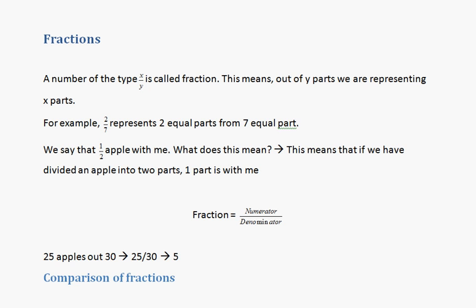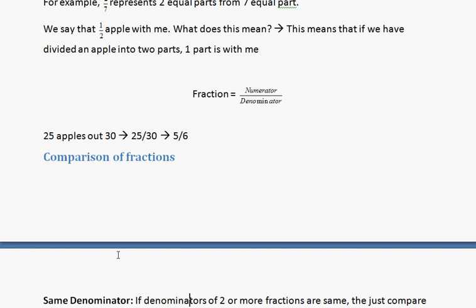So this means 5 out of 6. So out of every 6 apples, I have 5 apples with me, right? So if we make bunches of 6 apples, out of each bunch of 6 apples, 5 apples would always be with me. So this is the meaning of a fraction.